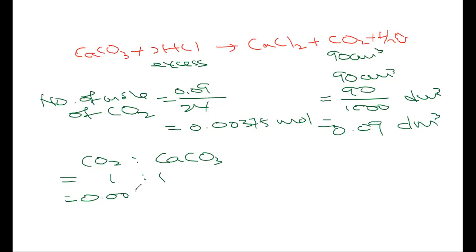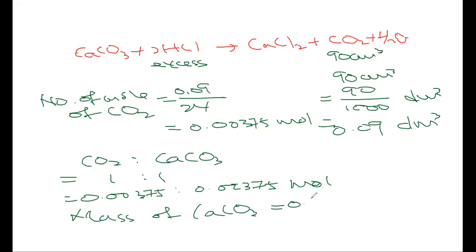Okay. From the equation, the CO2 to CaCO3 will be 1:1. So 0.00375 mole of CO2 is to 0.00375 mole of CaCO3 as well. So from here, what is the mass of the calcium carbonate? For calcium carbonate, you have to get the molar mass and multiply. Final answer, someone? No one?